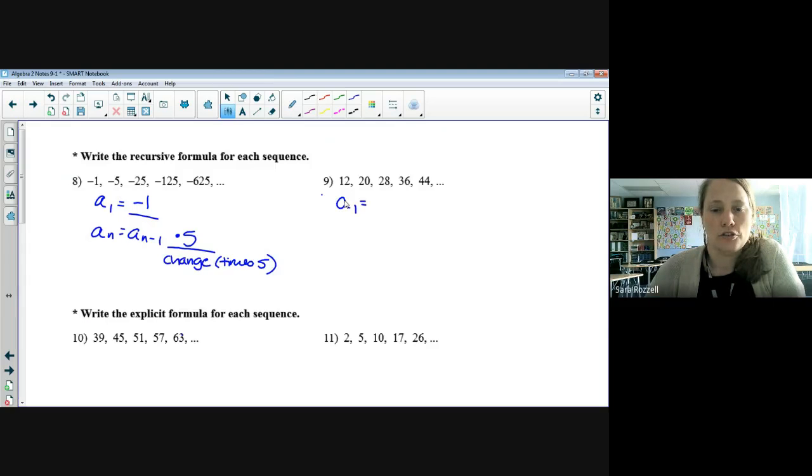I want you guys to try number 9. So we fill in the first term, then we're going to fill in the change. Are you adding, subtracting, multiplying, dividing, and whatever number it is?